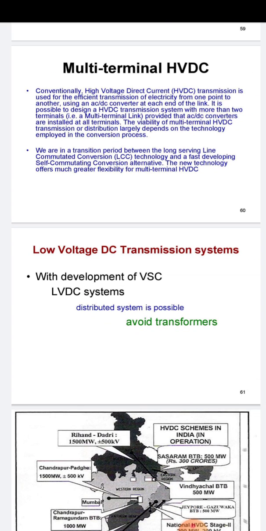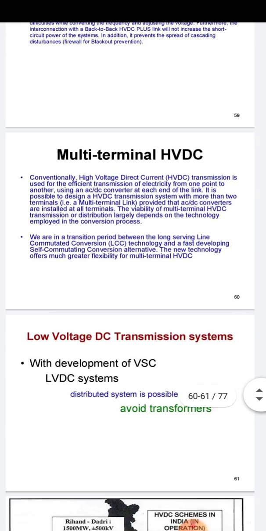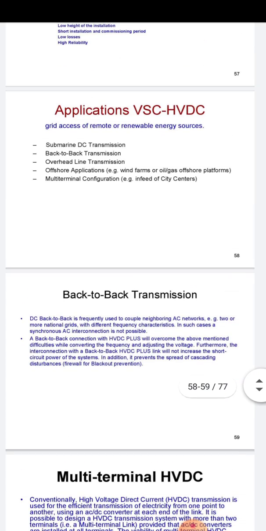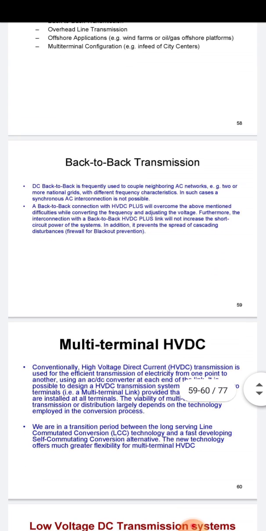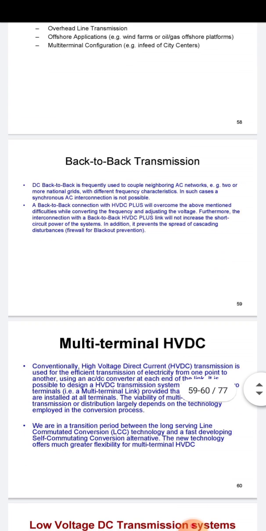Next, planning for HVDC transmission line. The planning always considers cost, technical performance, reliability. These three points are reasonably considered for planning of HVDC transmission system. Then modern trends are multi-terminal system and back-to-back transmission, and these connections are said to be modern trends of HVDC transmission system.